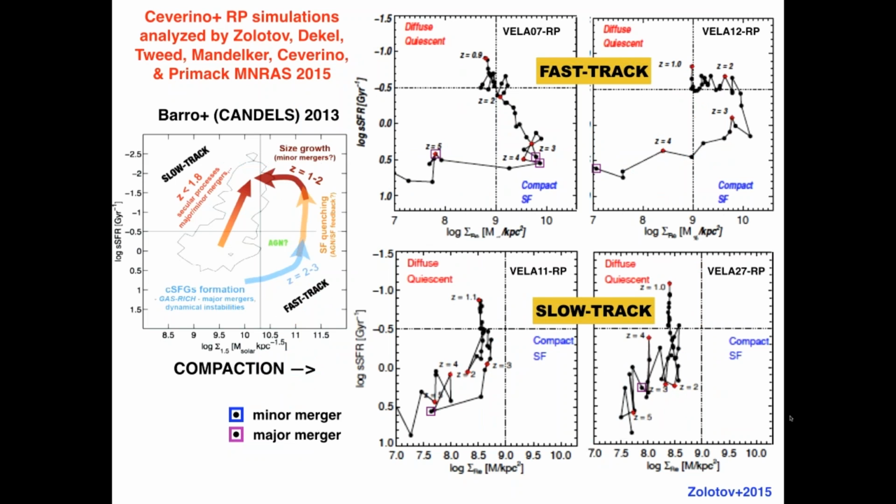And we see exactly the same thing in our high-resolution simulations. The top 2 panels represent 2 examples of the fast track. The lower 2 panels represent 2 examples of the slow track, galaxies that never move into the lower right corner.